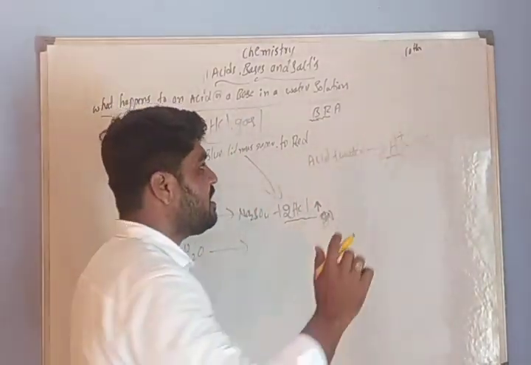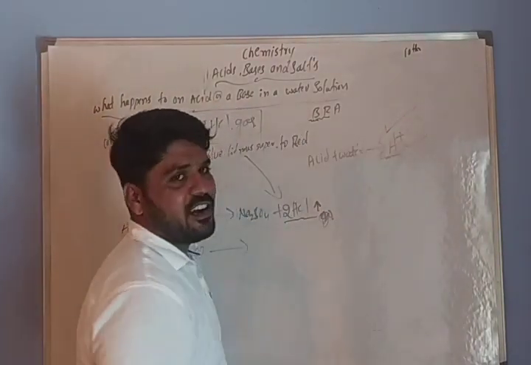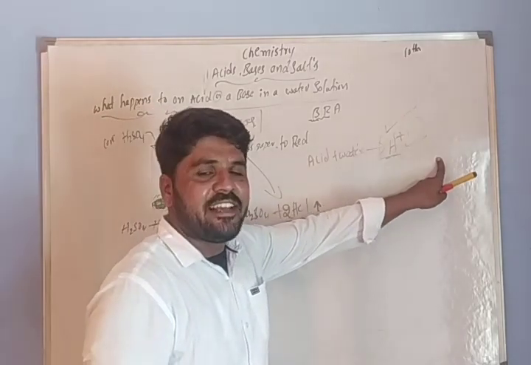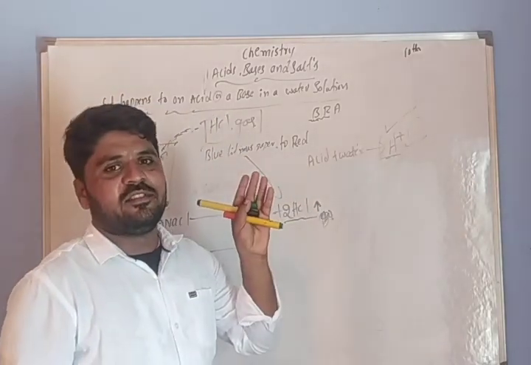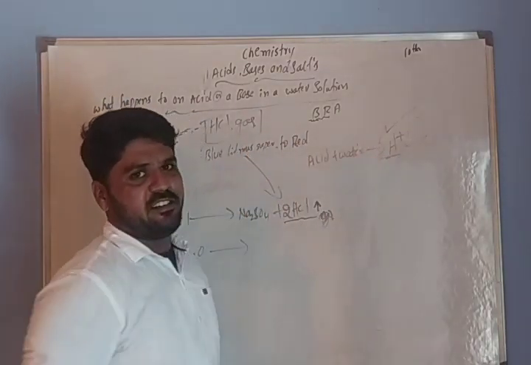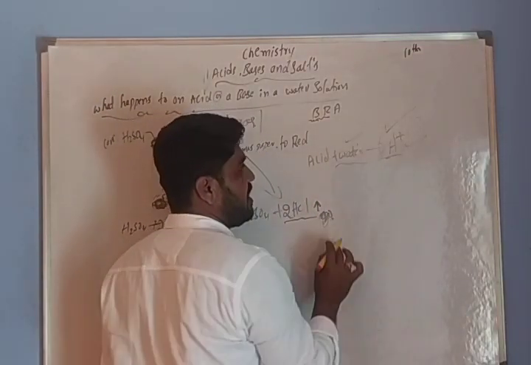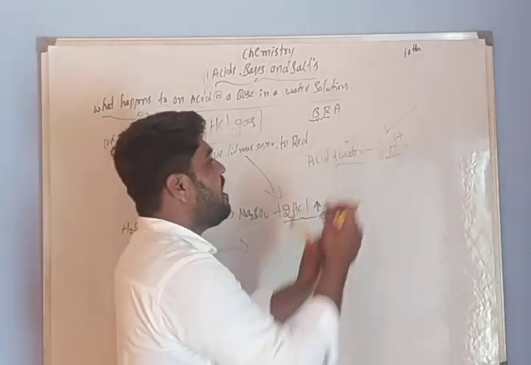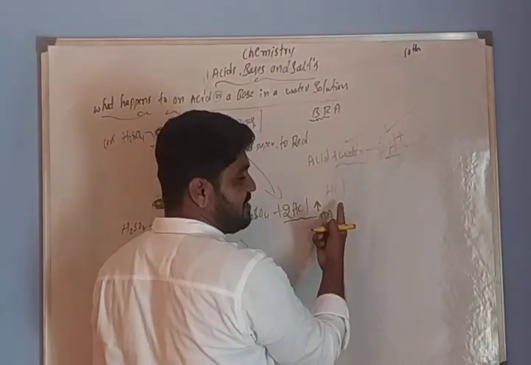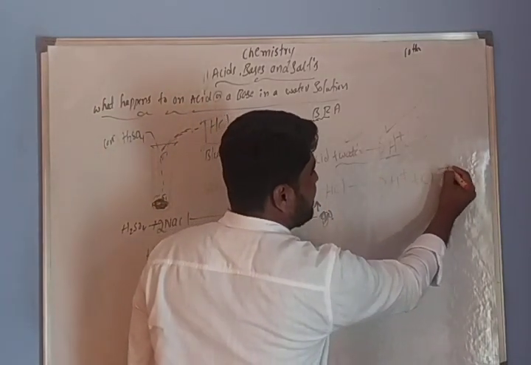But please remember, these hydrogen ions cannot exist alone. They always exist with water. In the absence of water, we cannot get the hydrogen ions from this. See, I am taking one example, HCl, right now. From this HCl alone, we cannot produce H plus ions and Cl minus ions.